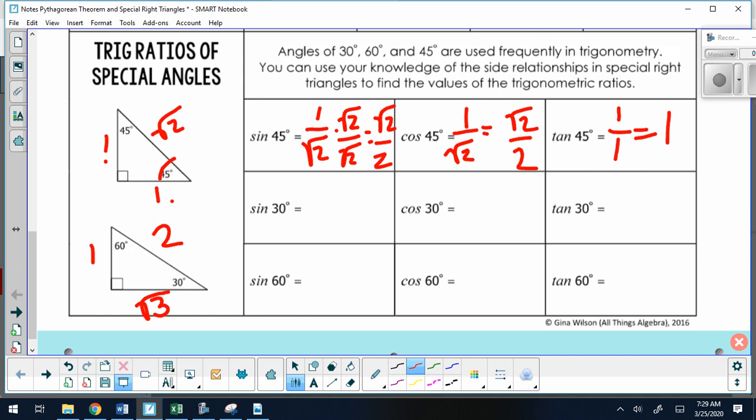Now, for 30, make sure that you're using the correct reference angle. That's my 30. So for sine, that's 1 over 2. For cosine, that's square root 3 over 2. And for tangent, that's 1 over the square root of 3. Need to rationalize that denominator.